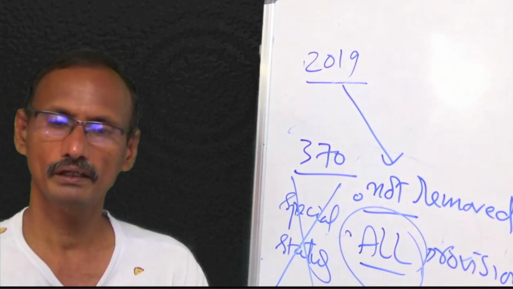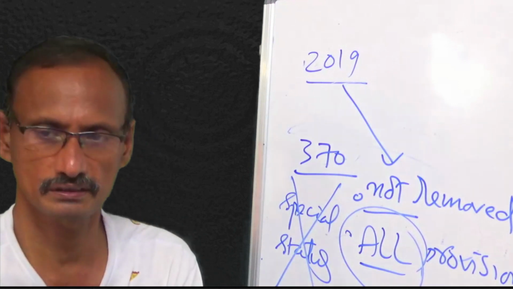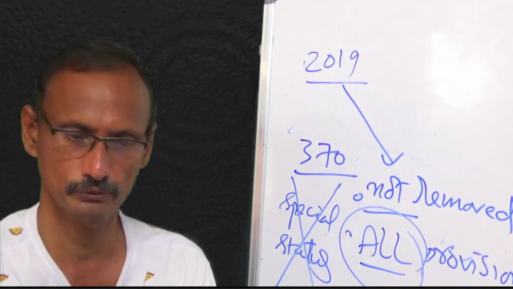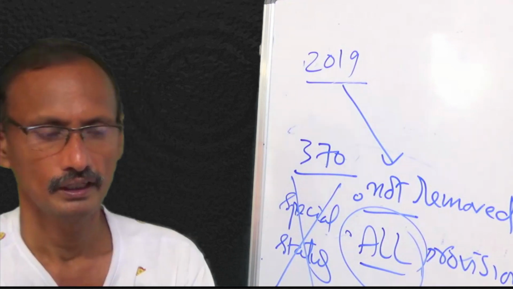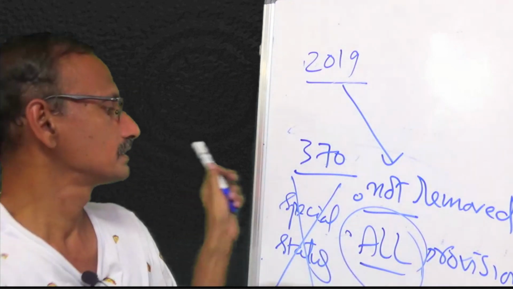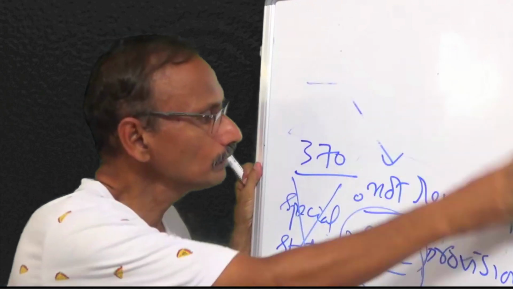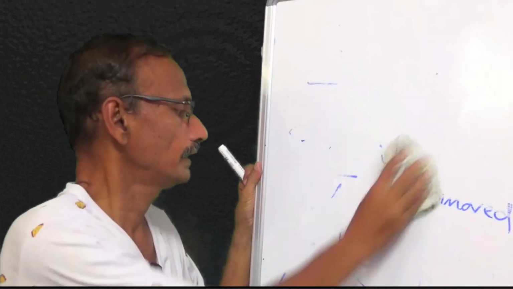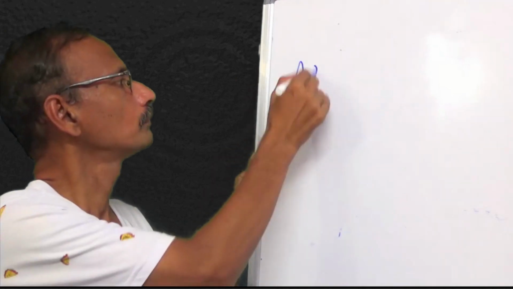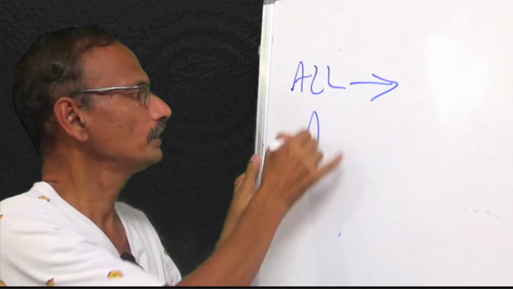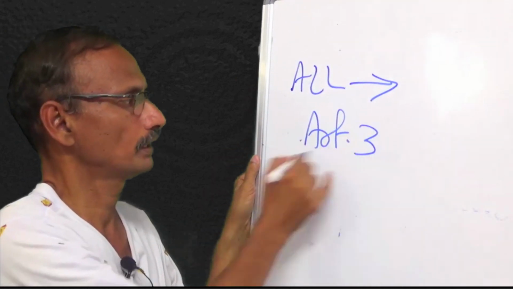In applying all the provisions, special status is gone. Not that 370 is removed. Okay. And then the next step is, when all the provisions are applied, one very powerful provision also can be applied, Article 3.